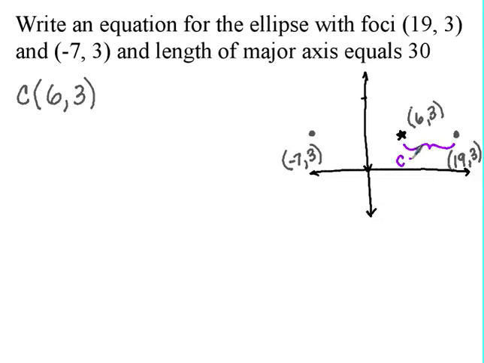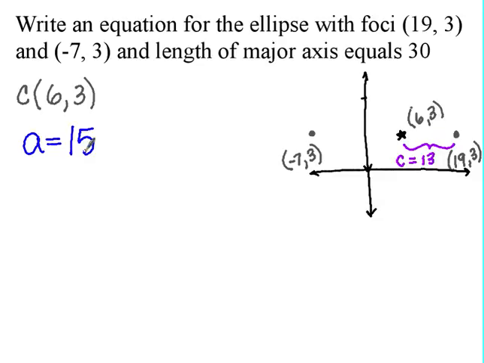And so that tells me that c equals 13. The reason it's c is because it's the foci. And then what else do they give me in the problem? They give me the length of the major axis equals 30, which tells me that a equals 15, because from end to end on the major axis is 30, so half of that would be a.